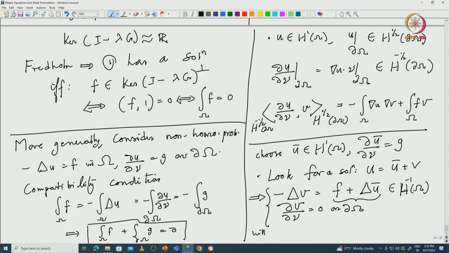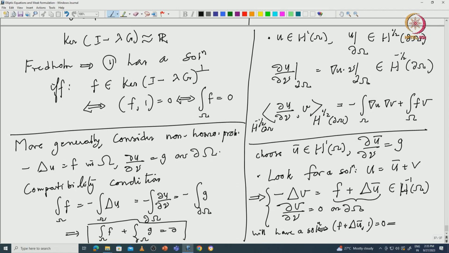The same condition will have a solution if and only if f plus Laplacian of ū is equal to 0 in the integral sense. That is a compatibility condition.